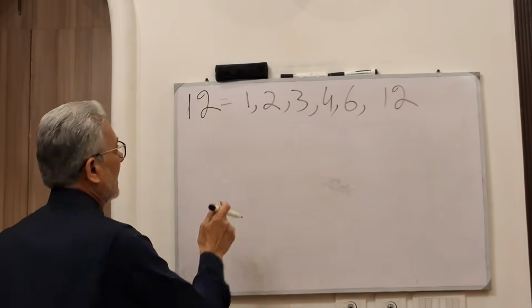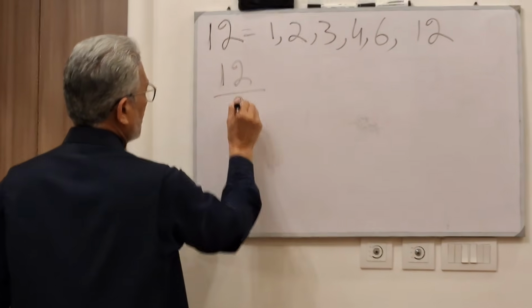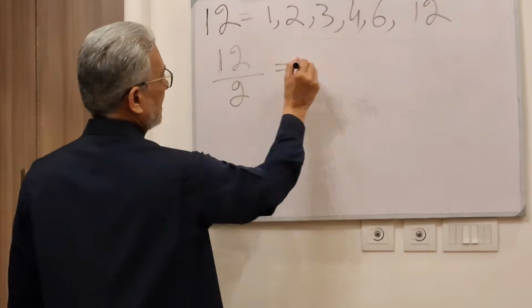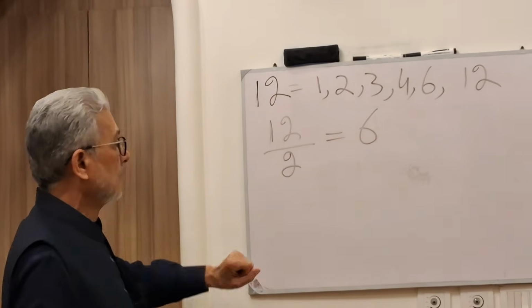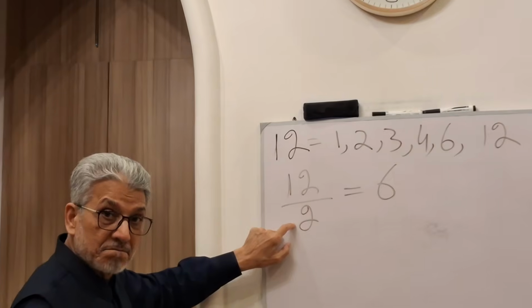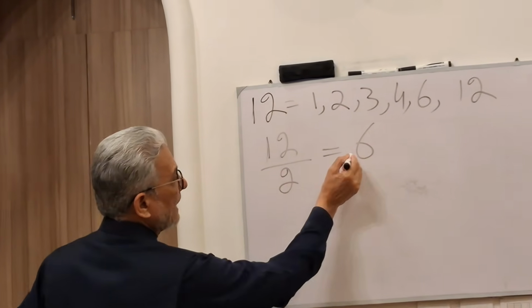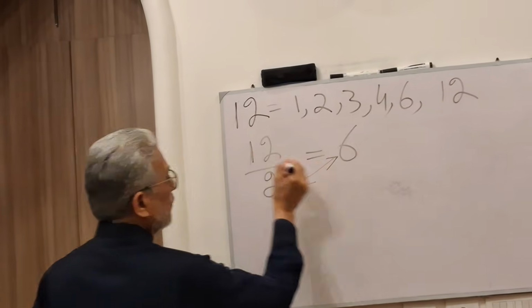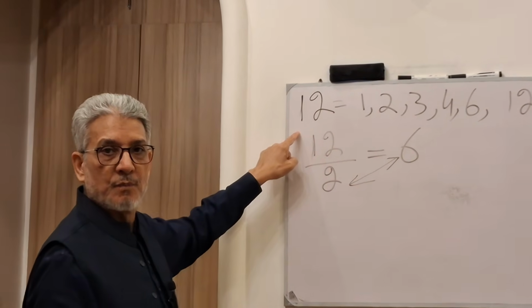Like, for example, if you divide 12 with 2, what is the answer? Answer is 6. So quotient is 6. Now, this 2 is divisor. This 6 is quotient. If we multiply these two numbers, we will get 12. 6 twos are 12.